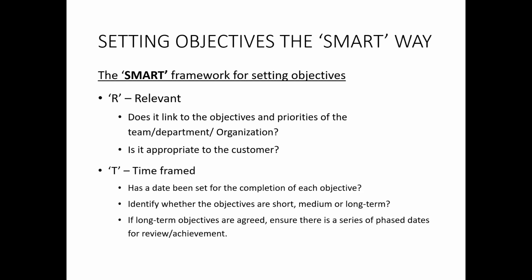So whenever we are setting an objective, it is very important to see whether that objective does not contradict the working of the organization, and whether the priorities of the team or the organization are being crossed over. That should be checked. So relevant here refers to the importance, whether the objectives being set are important to the customer.